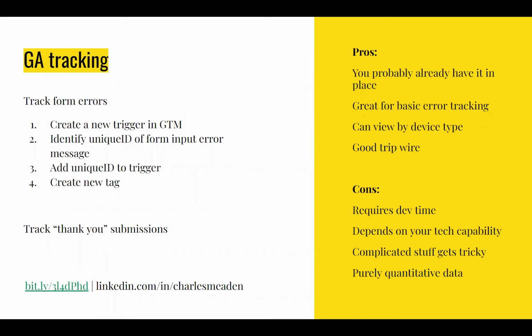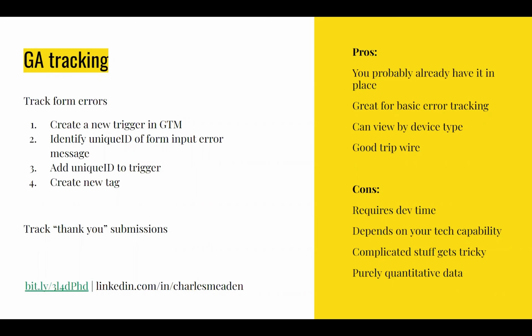The first thing we can look at is setting up GA tracking. So this allows you to input into GA any form errors that you might be getting. There's a great article that I've linked to here from a guy called Charles Meaden, who basically gives you four steps to do this.